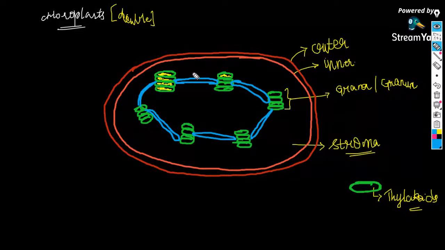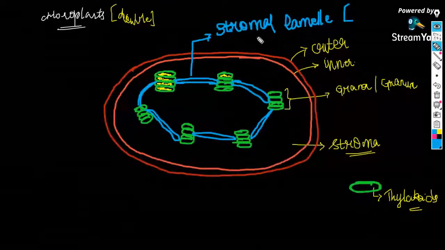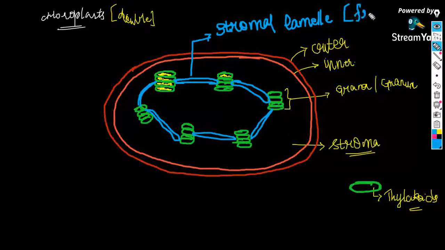They are interconnected by a structure which is known as the stromal lamellae, according to the new NCERT. If we are talking about the old NCERT, it is given as the fret, F-R-E-T. Stromal lamellae or the fret act as the interconnections between the grana or the thylakoid membrane. There are certain structures inside this, but these are the main structures which we have to study in this chapter in detail.